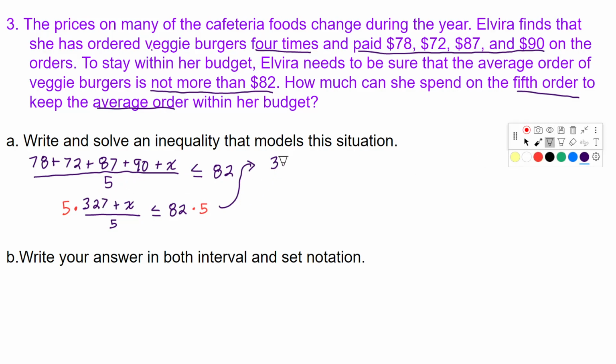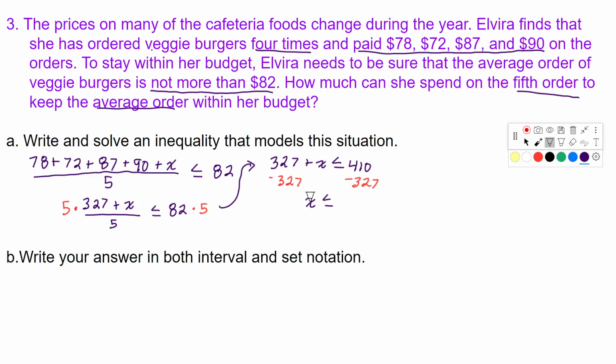327 plus x is equal to 82 times 5 is 410. Subtract the 327, and we have x, and that shouldn't be equals either, should still be less than or equal to.